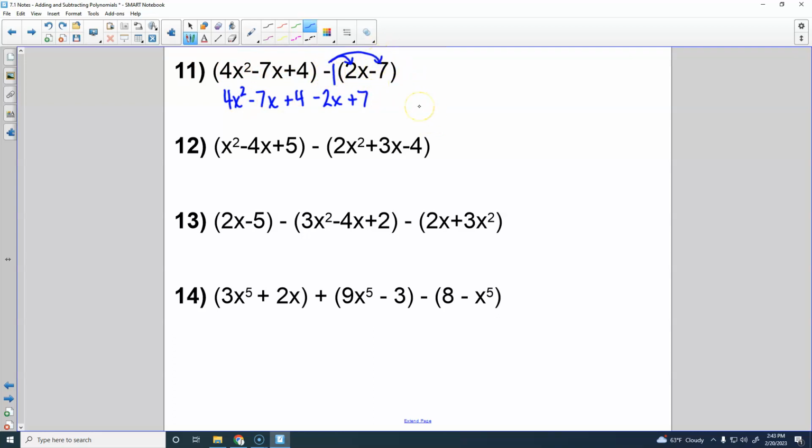They're not going to have that 7 right, but the other parts will be correct. Then you're combining your like terms, so you don't have any other x squareds. So you'll have 4x squared, minus 9x, plus 11.